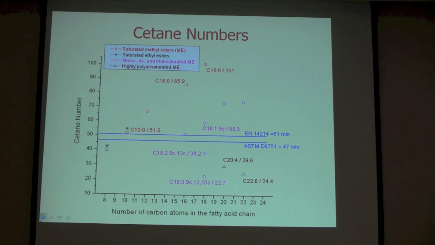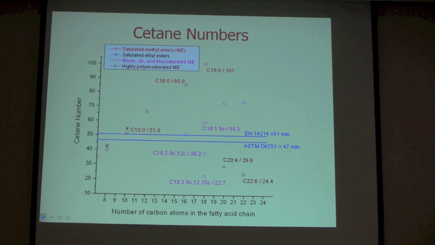Right. Between what the Europeans call rapeseed or canola and soy, the C18:1 and C18:2 are roughly reversed. So rapeseed or canola has a little bit higher C18:1 with higher cetane number, so overall the cetane number is higher. That's essentially why they set the higher cetane number there, otherwise it's a little bit lower in 6751. And I think pretty much you could say ASTM 6751 is set at 47 minimum.